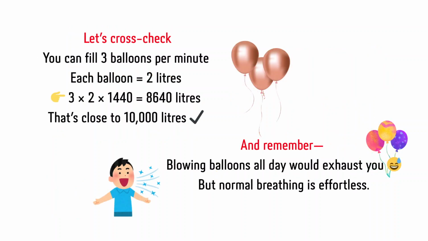The number sounds enormous. So how can we check whether it is reasonable? Let us return to the balloon example. Suppose you can inflate one balloon in about 20 seconds. That means you should fill roughly 3 balloons in a minute.